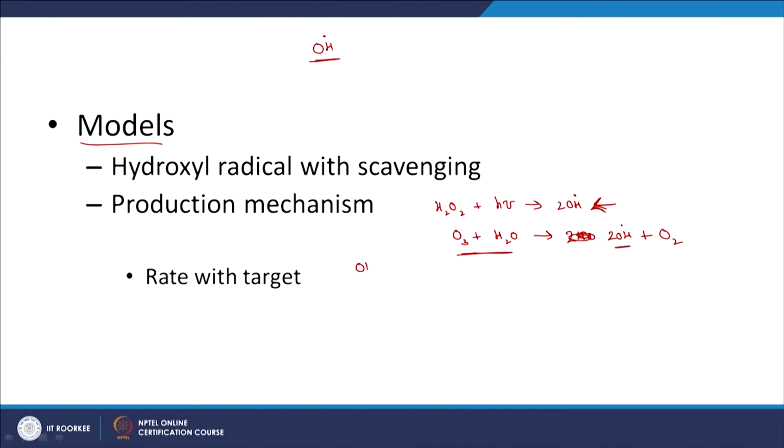Here we have two aspects. We just discussed that the hydroxyl radical can react with my target or targets, they can be multiple targets too, and form various products. Or, being non-selective, it can also react with my scavengers and form various products.